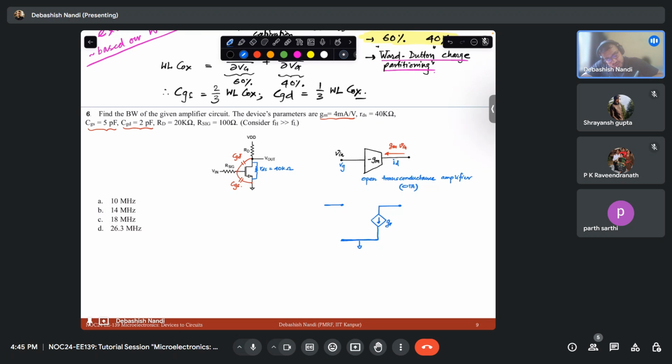So this is your GM V in and this is your V in. I have just replaced this entire thing and gave you this symbol. So what is the current here? Current coming in is GM V in, right? Now can you correlate the two things?